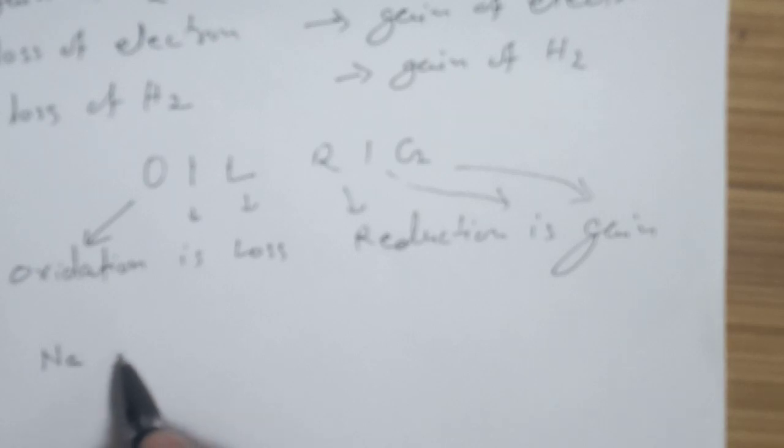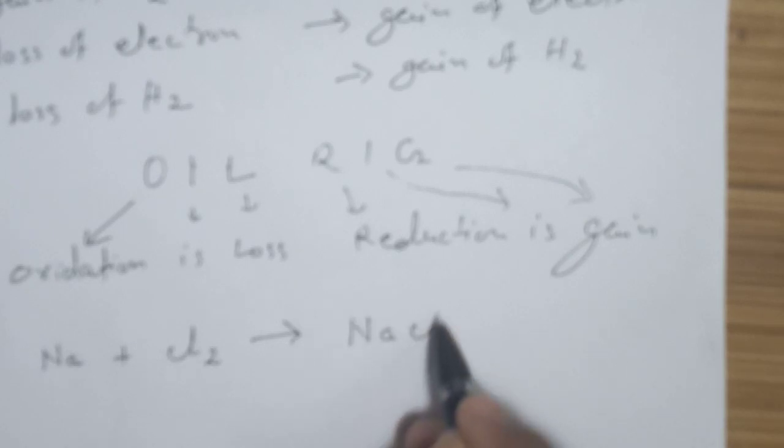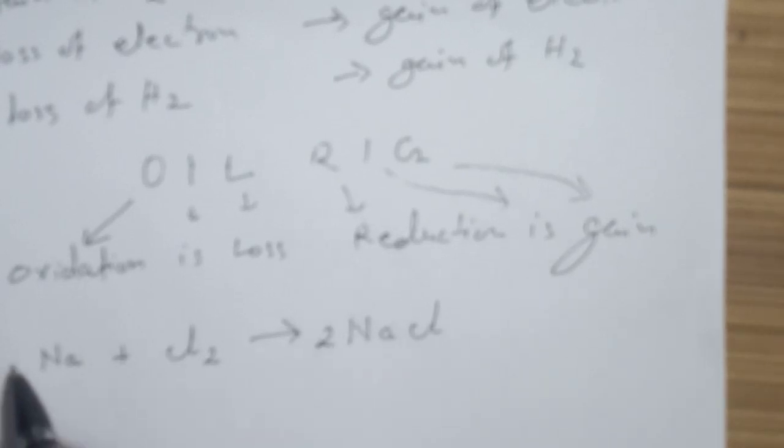So let's take an example. Na plus Cl2 gives us NaCl. If we balance it, it's 2 NaCl here and 2 Na here.